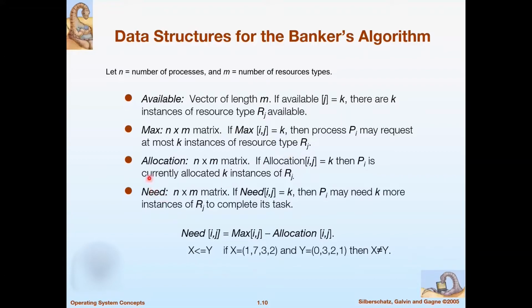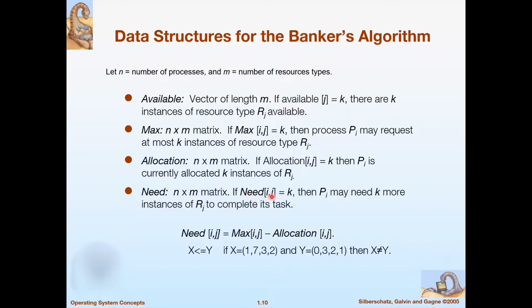And the third data structure is Allocation, also a 2D array of n by m, defines the number of resources of each type currently allocated to each process. If Allocation[i][j] is equal to k, then process Pi is currently allocated k instances of resource type Rj. Now, the fourth data structure is Need, which is also a two-dimensional array of n by m, indicates the remaining resource need of each process.